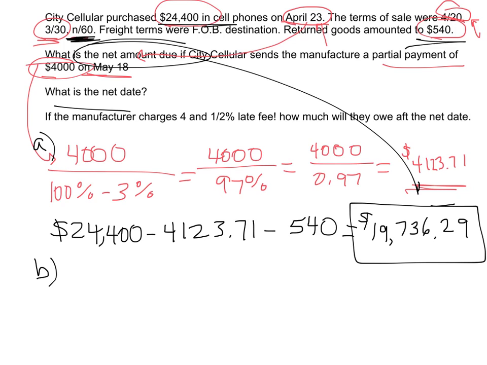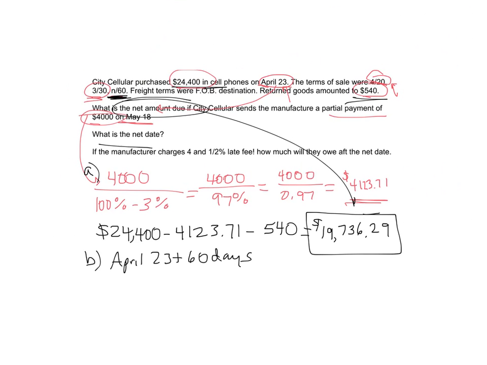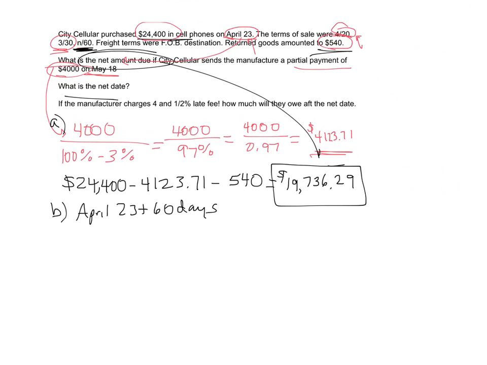Part B says take the April 23rd and add 60 days. Well, one way you could do this is, I know that there's 30 days in April, so if I add 7, then I'm left with 53 days.